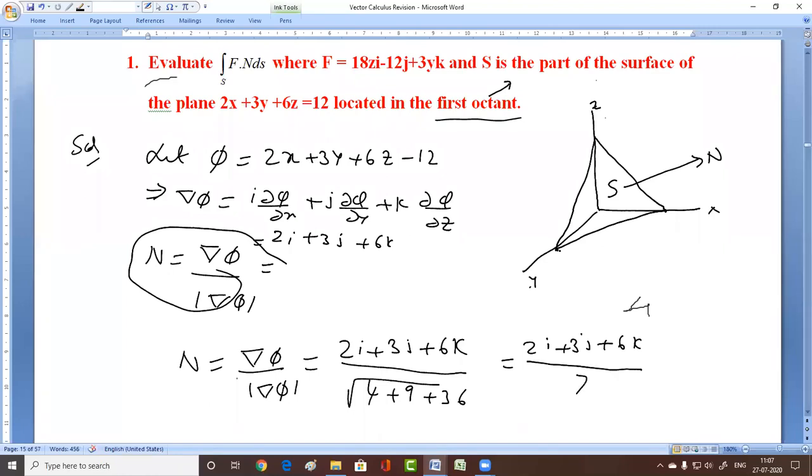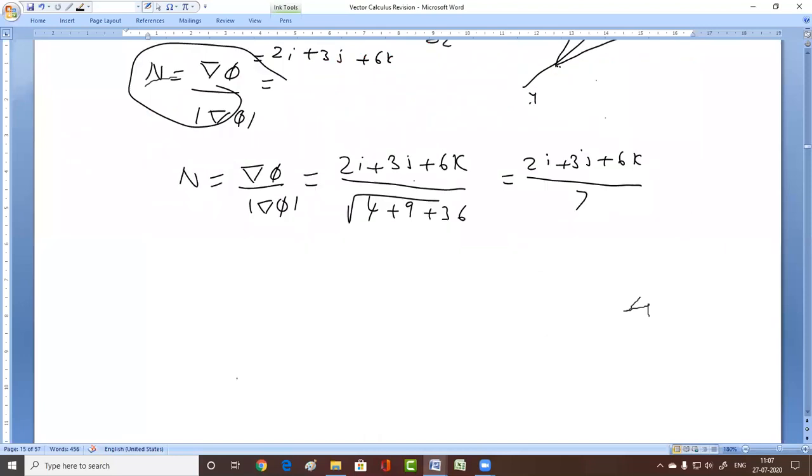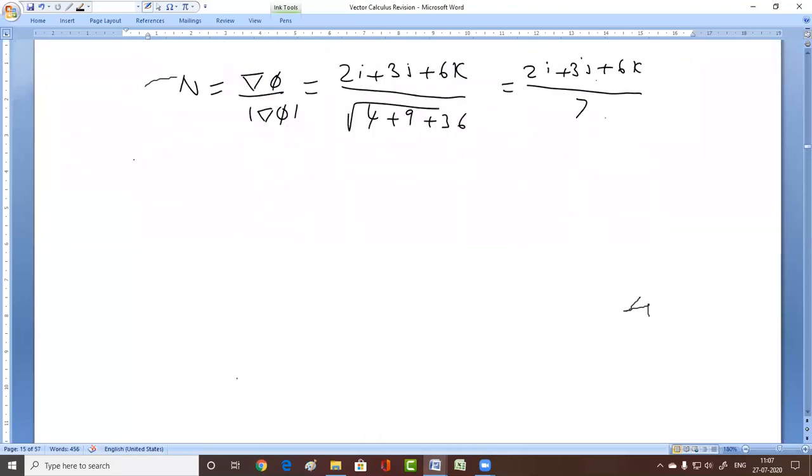Now this is the unit outward normal to the surface. Now for finding the integral, we will find integral f dot n ds. So for this purpose, first we will find f dot n.